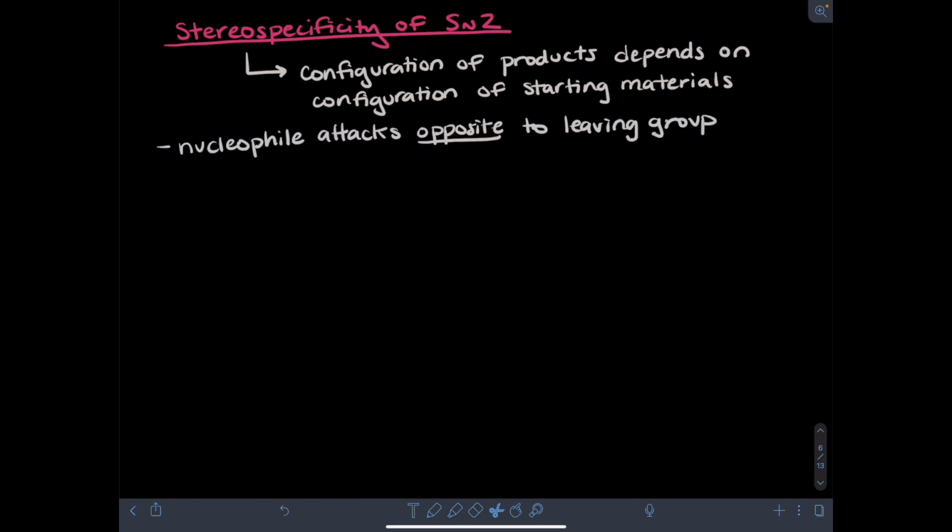In an SN2 reaction, the nucleophile will always attack opposite to the leaving group. A consequence of how the nucleophile attacks is that SN2 will invert the configuration at the alpha carbon specifically.